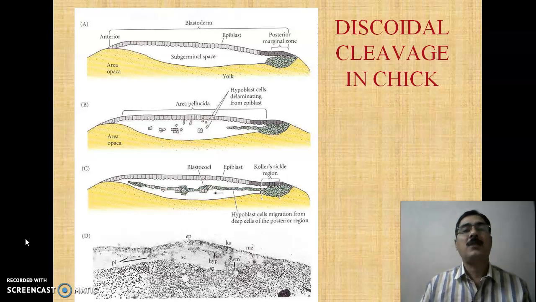And apart from it, there are two clear-cut areas, the area pellucida and the area opaca, which is present on the yolk. And during the formation of blastocoel, initially there is formation of a subgerminal space, later on there is formation of a blastocoel.